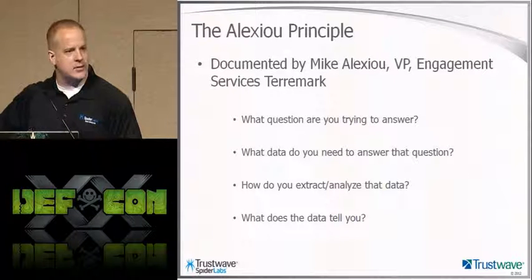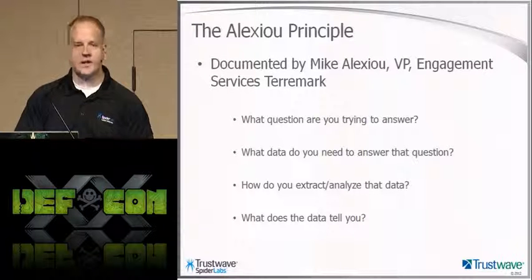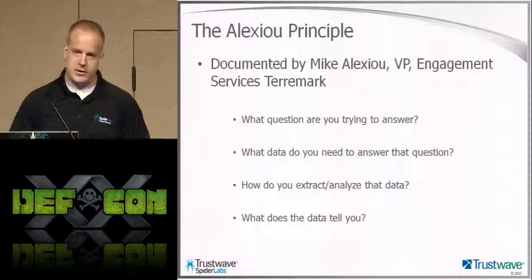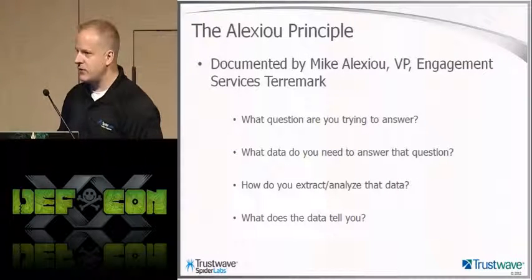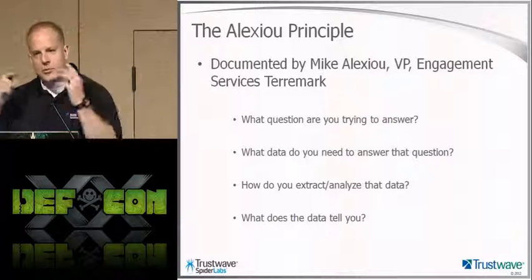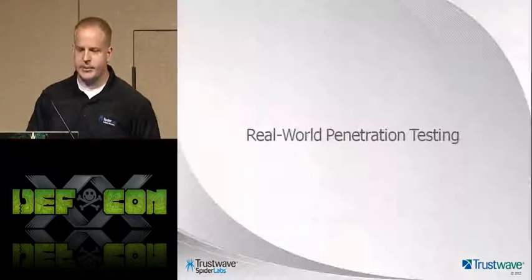So why would I take an image of a mail server, right? Makes no sense. So that's not the data I need. How do I extract and analyze that data? Running a sweep case on it is not going to tell me if there's credit card data on it. It's not going to tell me if a SQL injection took place. It's not going to tell me if RFI was present, PHP shells were present. I'm doing what makes sense, right? And then what does the data tell you? Very simple.